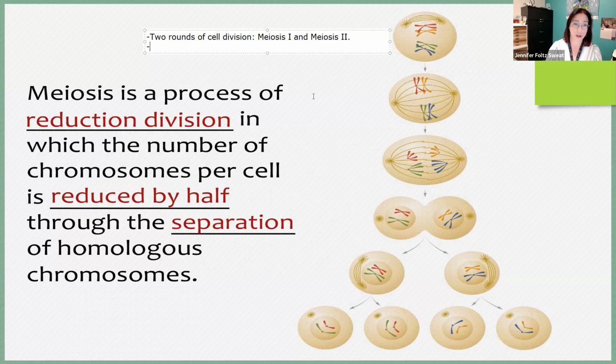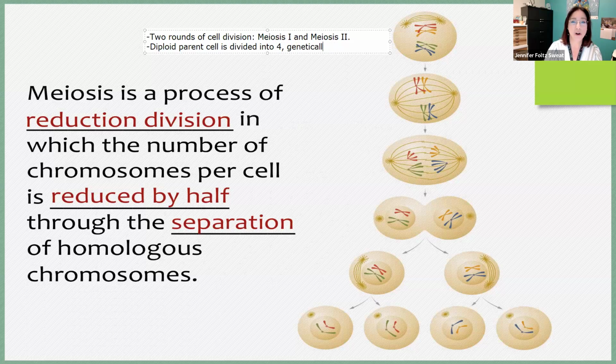So I'm going to write that down for you. So four genetically unique because we get genetic recombination.